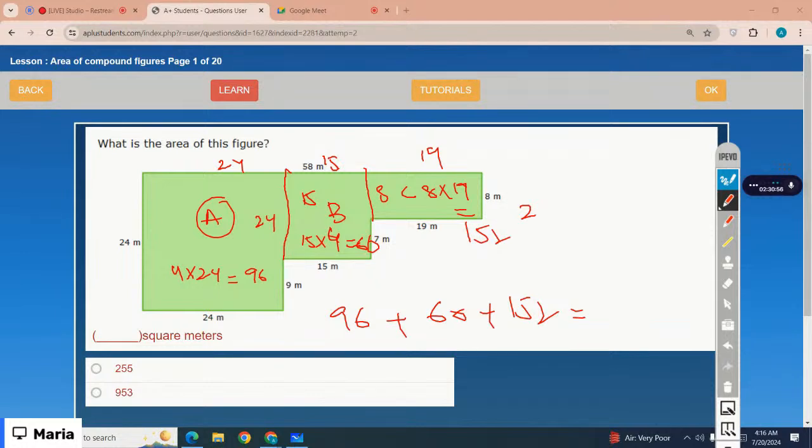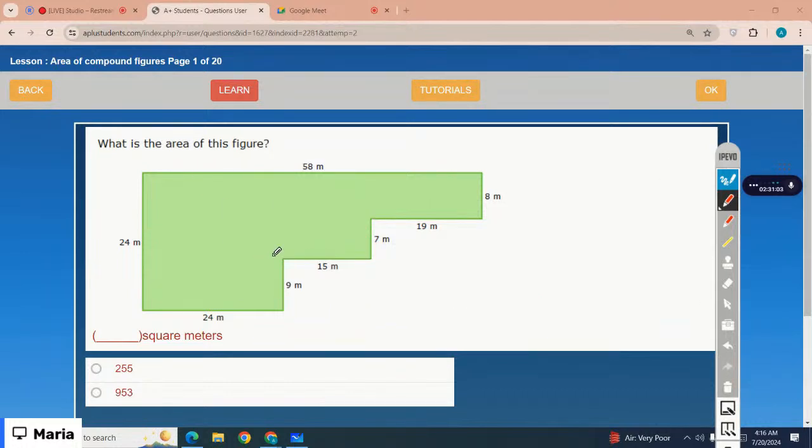Area of a square is side times side, isn't it? This is 24. This is 24. This is 24, right? The area of a square is side times side, which is 576. Okay, this is 15. This is 7. This is 8. 15, 15.